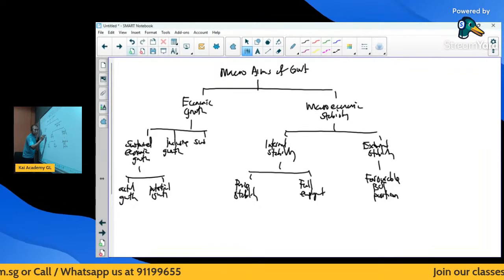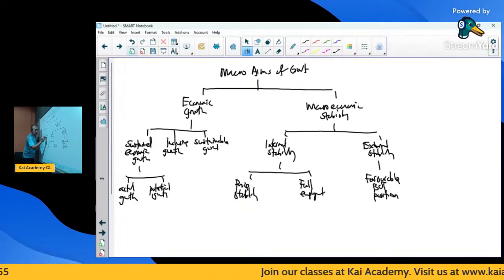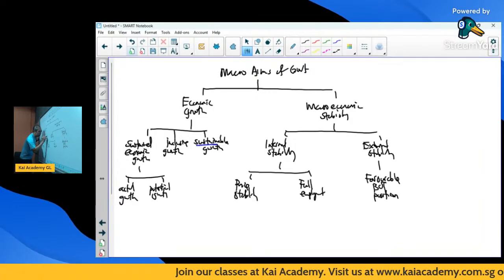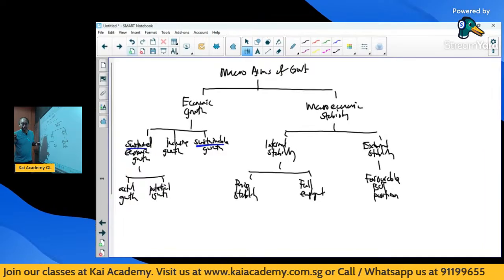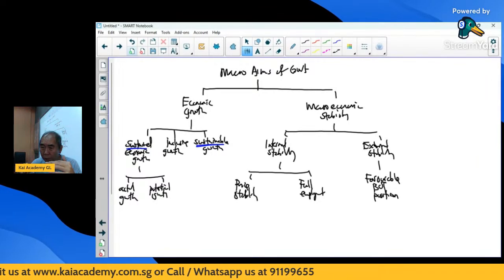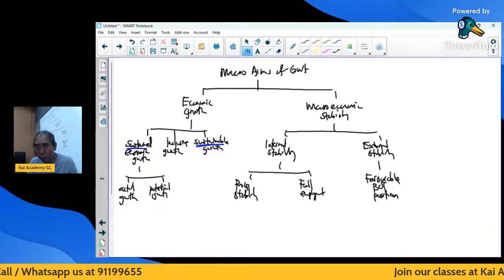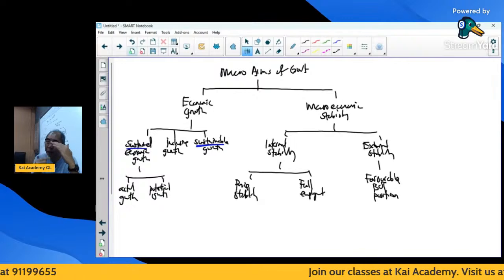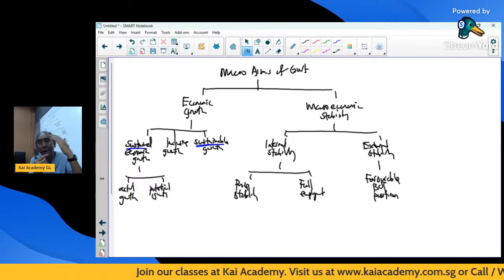And the last one is called sustainable growth. So be careful with this term. Sustainable and sustained economic growth are not the same idea. Sustained economic growth means a country must be experiencing actual growth, at the same time also experiencing potential growth, so that your actual growth can continue to be sustained when there is continued capacity expansion.